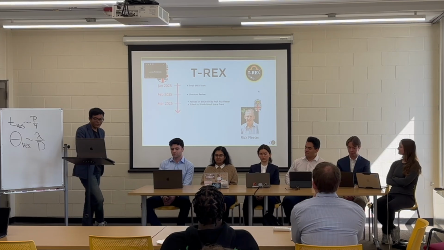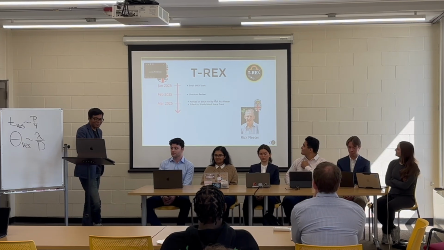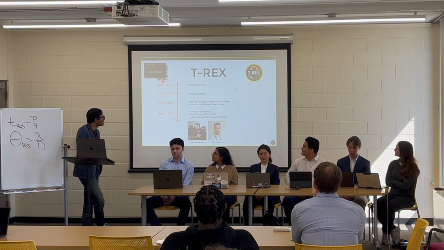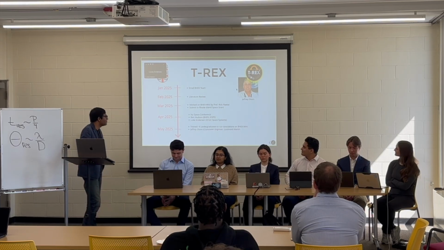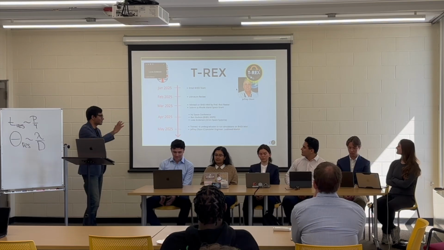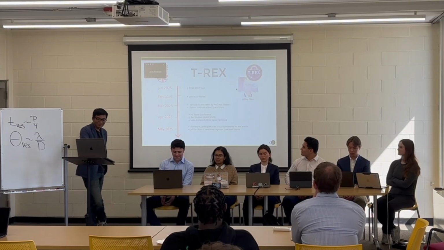And then in March, Professor Fleeter began to advise us on, oh, okay, well, we got to botch that name. I forgot to change that. In April, we presented at the Ivy Space Conference, and we began corresponding with Luke and Ben. In May, several more undergraduate students became interested, and I trained them to, sorry again about the name, that'll be fixed.